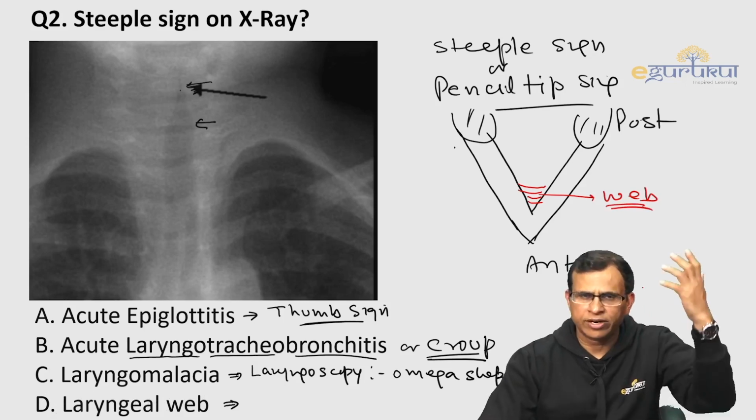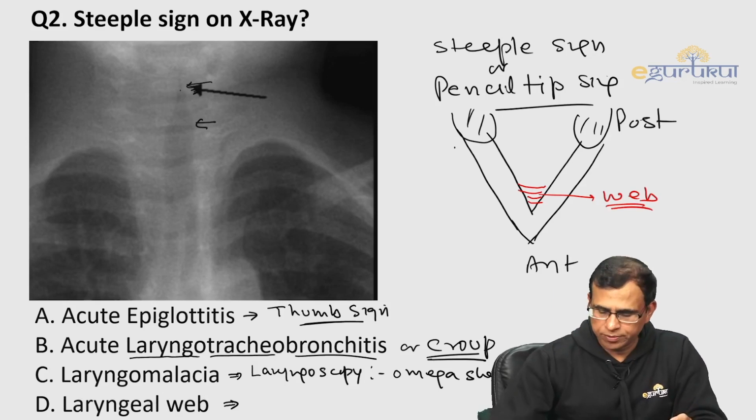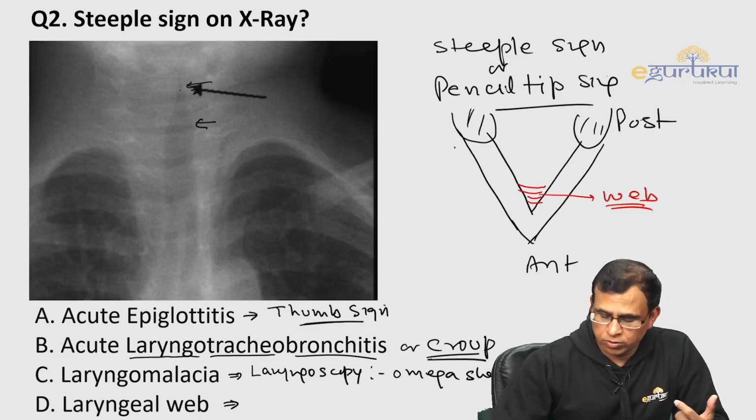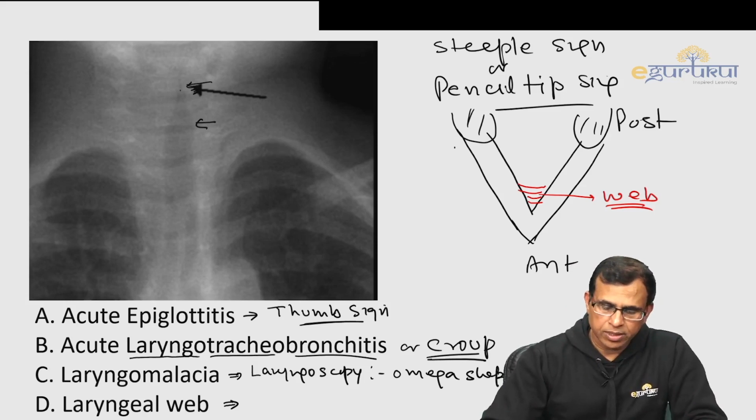Less commonly it can happen in the posterior part as well. So this cannot be seen on an X-ray. That is why you have to do either laryngoscopy or fiber optic laryngoscopy, endoscopy. Direct visualization will show you this. Okay, so this much about this X-ray.